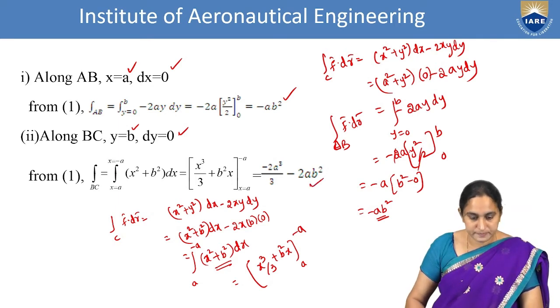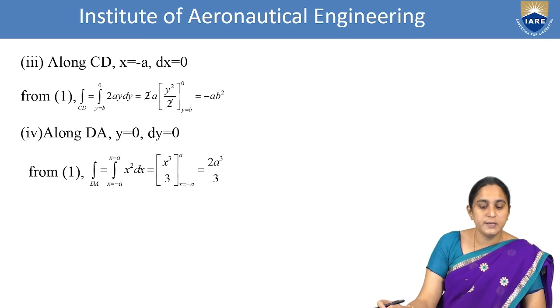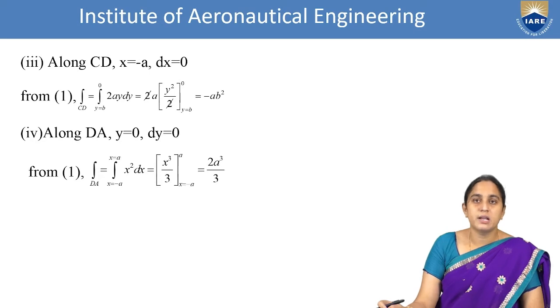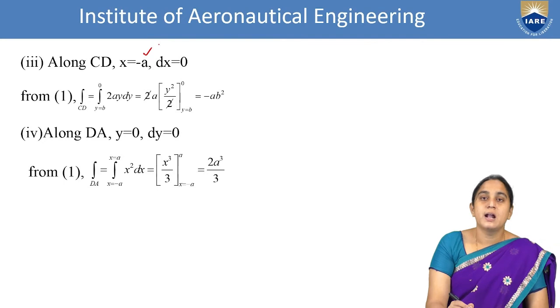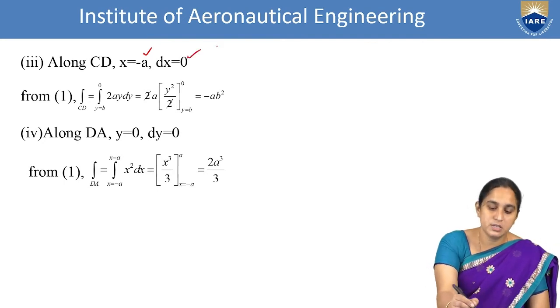Next one, along CD. Along CD, from the diagram, what are the conditions? x is equal to minus a, and the derivative dx is 0.